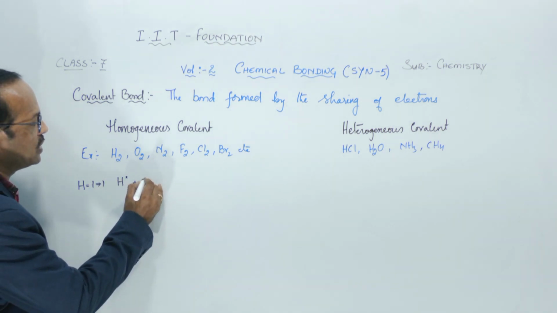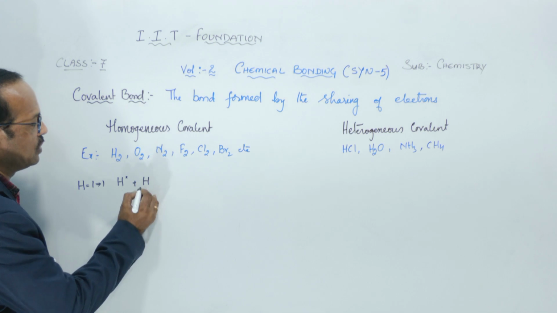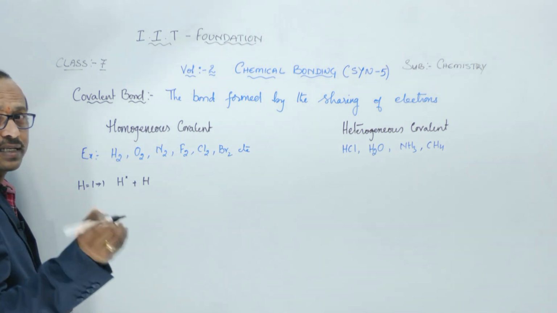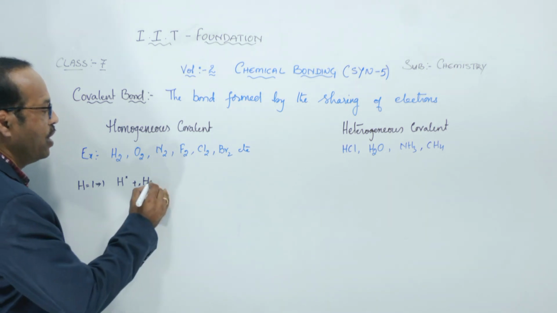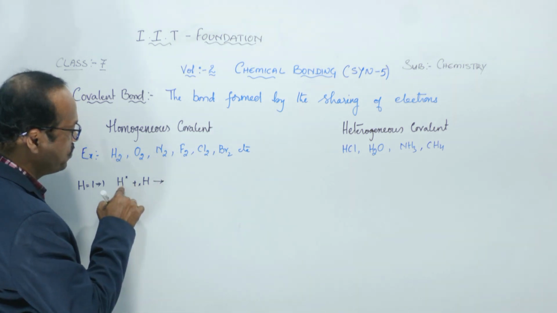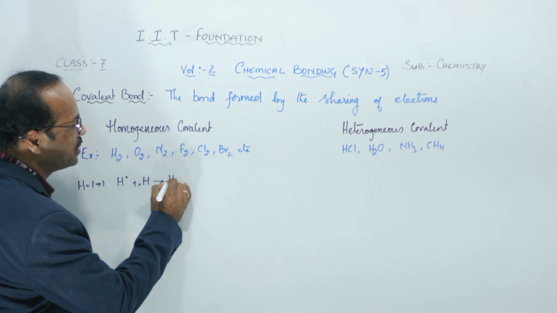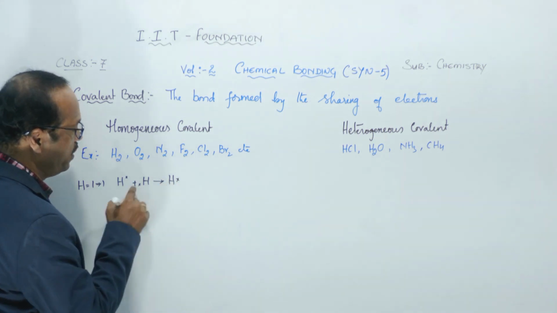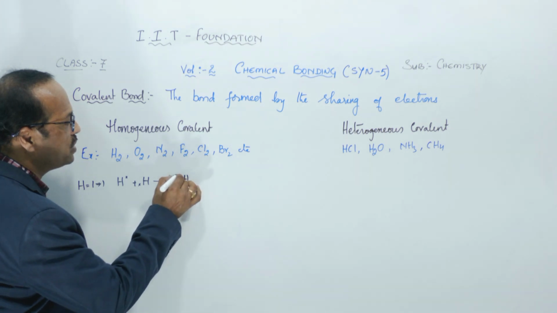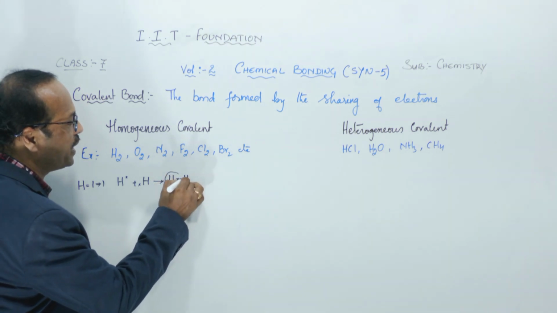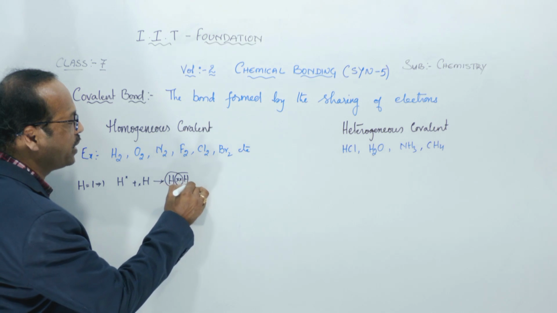Now this hydrogen is combining with another hydrogen. That is also hydrogen, its atomic number is also 1, so this also has 1 electron. Now what happens in the covalent bond? This hydrogen provides this 1 electron, this hydrogen provides this 1 electron. Now these 2 electrons are shared by both the hydrogens.